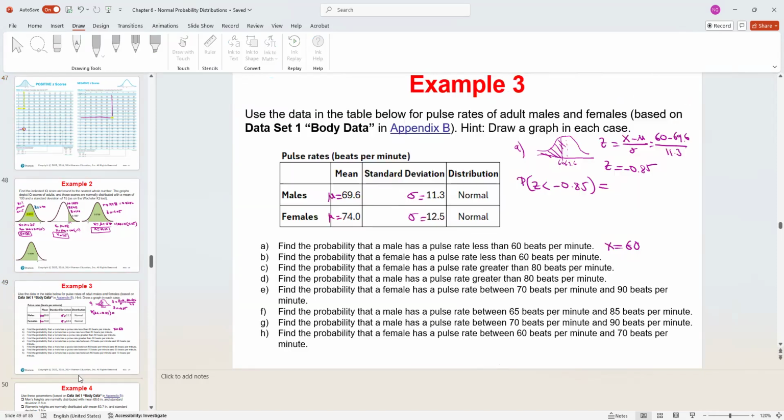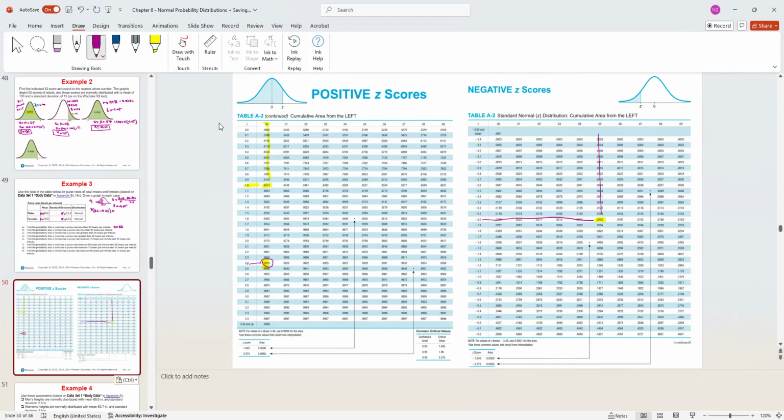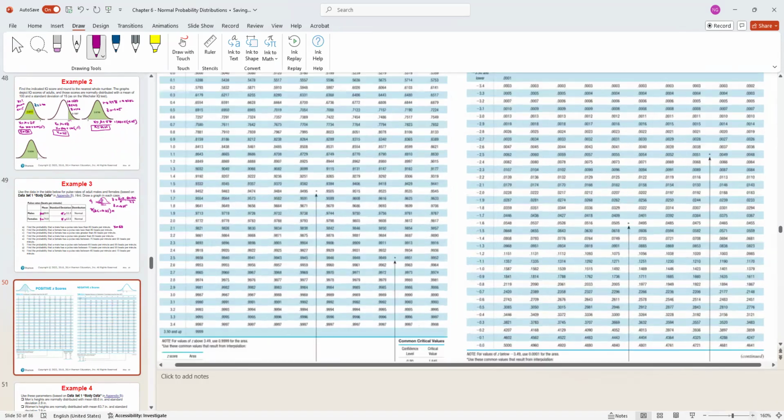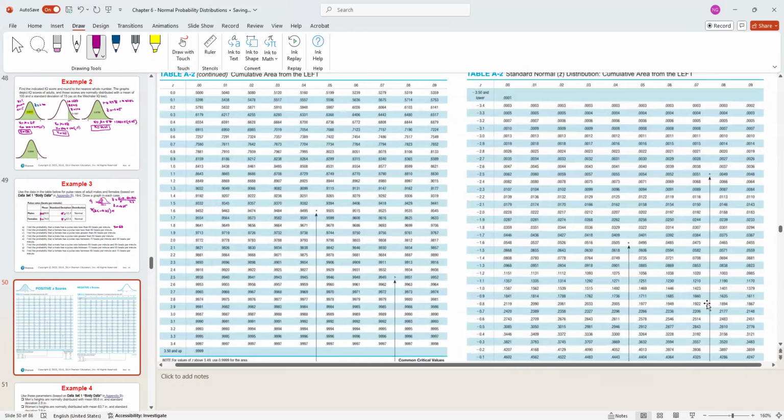I'm gonna put it down here. All right, let's clean it a little bit. You're looking for negative 0.85. Okay, negative 0.85.